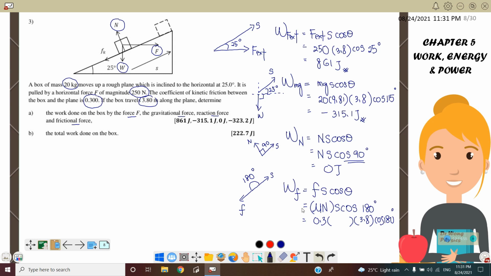Before we find the work done by the frictional force, we must find the value of the normal force first.